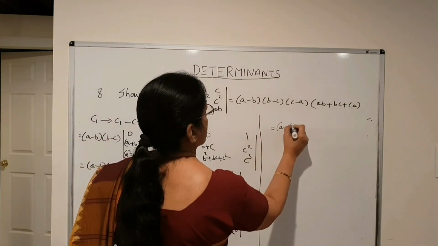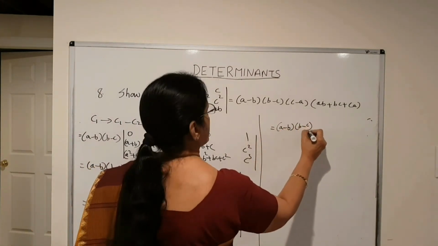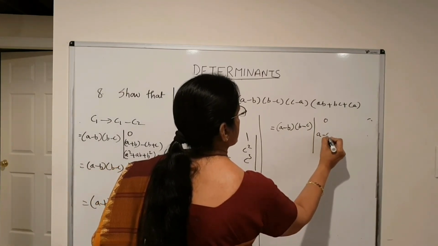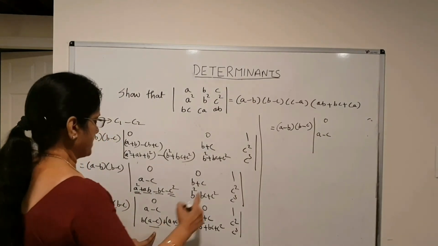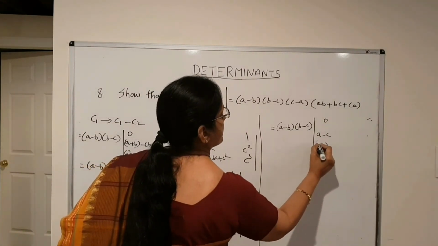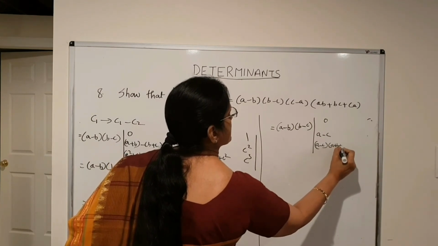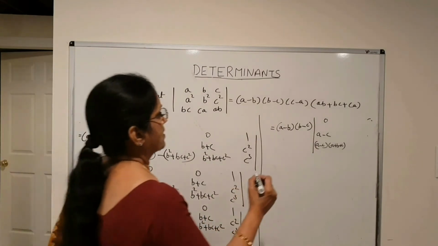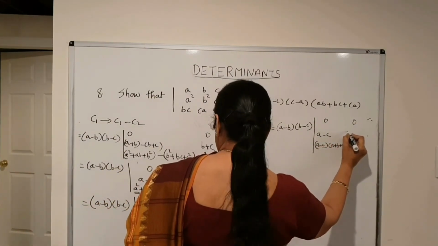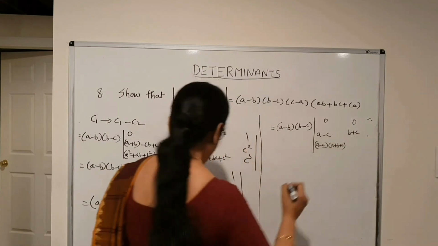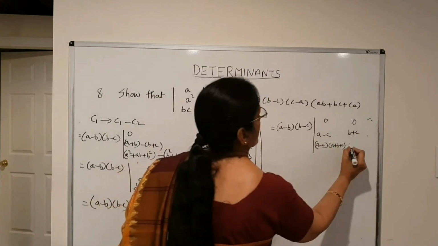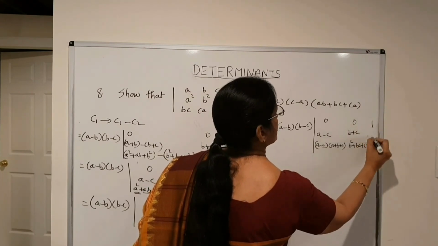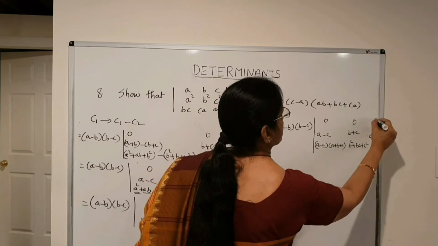A minus b into b minus c, determinant 0, a minus c, here a minus c into a plus b plus c. That's what I am going to have over here. Second column will remain the same. 0, b plus c, then b square plus bc plus c square. Third column will be 1, c square, c cube.